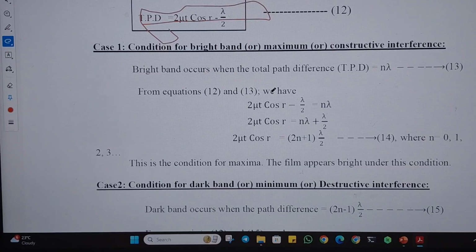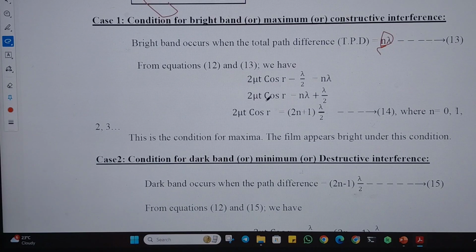Maximum and minimum, that is dark and bright fringes. For constructive interference, the total path difference will be n lambda. We can substitute the values here, that is 2 mu t cos R equal to n lambda plus lambda by 2. Taking the common factor, that is 2n plus 1 into lambda by 2.